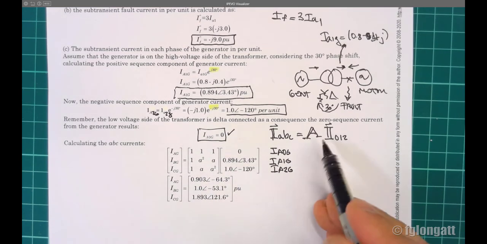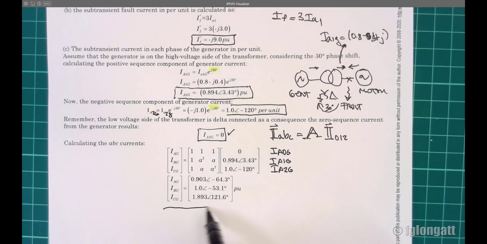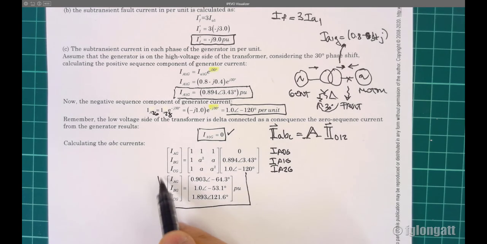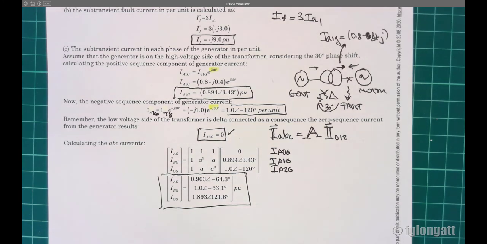When we use this property, we obtain the proper current coming from the generator at the star side of that transformer, and that already includes the 30-degree shift of a star-delta connection, okay?